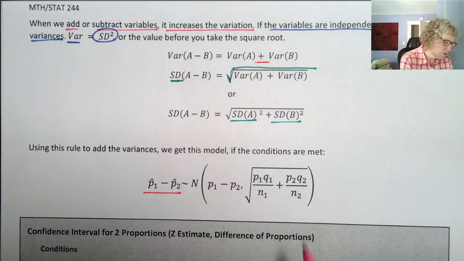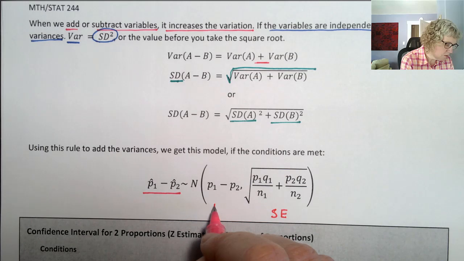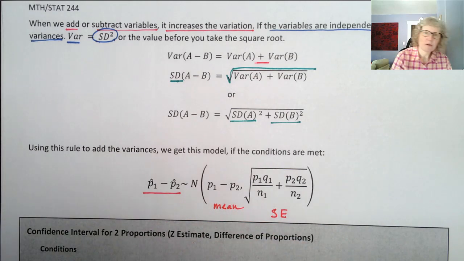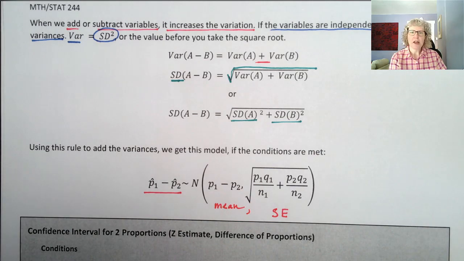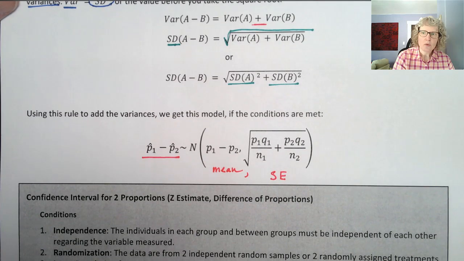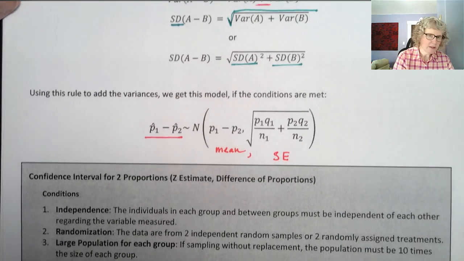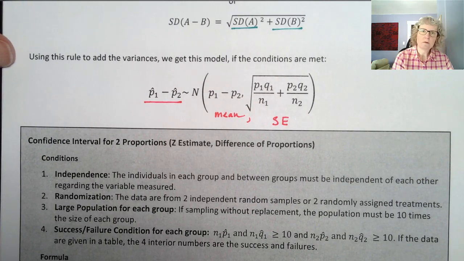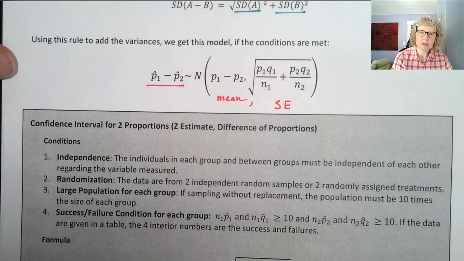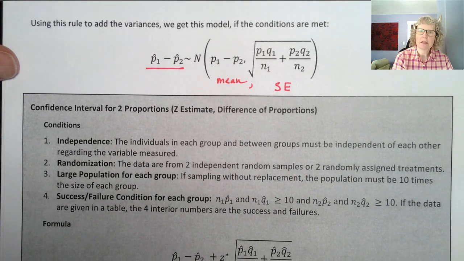So that's what we're doing if you're curious, or if you're like, just tell me the formula, I want to use it. So remember, it's the mean, comma, and then the standard error. Okay, so a little bit of fun on how we get this model. Now let's look at what conditions we need and the actual formula, which you'll see looks similar, just with the hats on it.